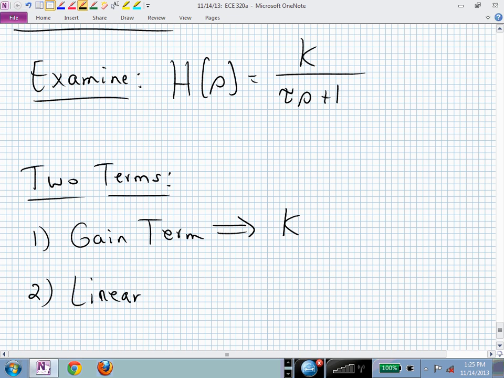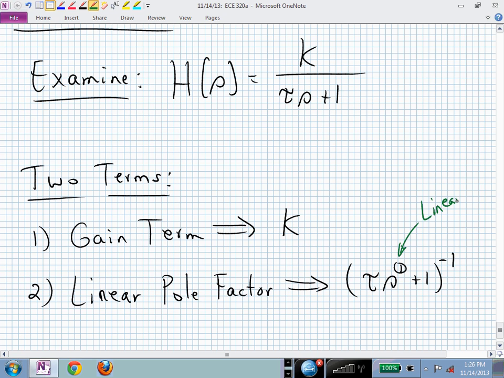We have a linear, and that's actually in the denominator, so I'm going to call that a linear pole factor, and I might even write that as tau s plus 1 to the minus 1. This is what gives us the fact that it's linear, and this minus 1 says it was in the denominator, it's a pole factor.